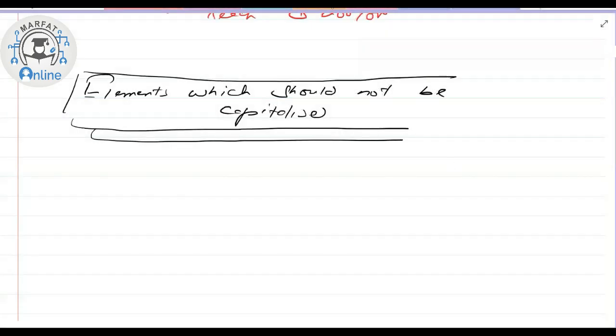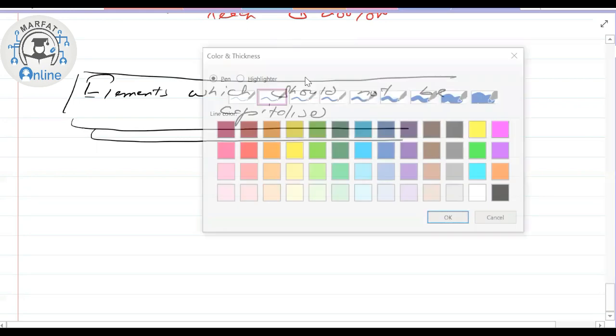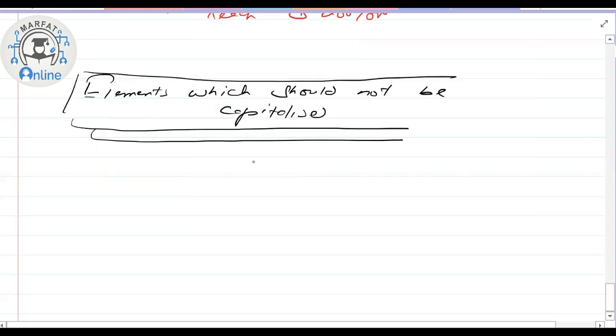Elements which should not be capitalized. Now, the elements which should not be capitalized is first of all training cost.